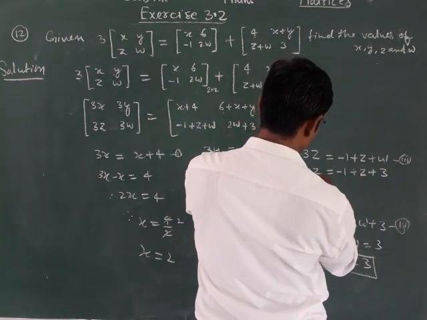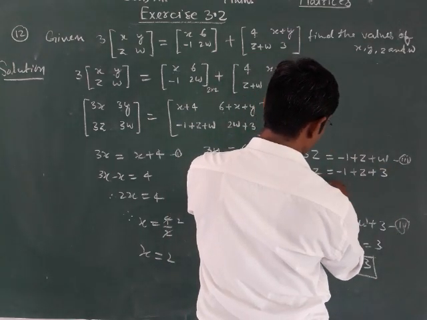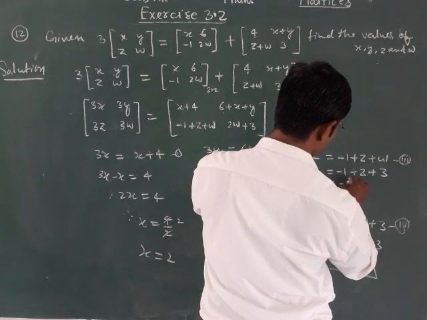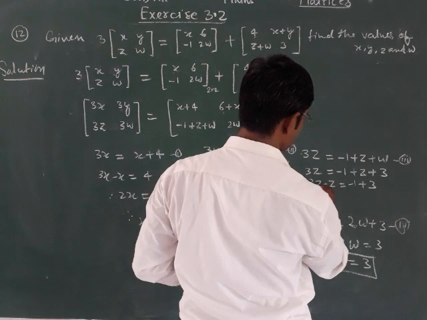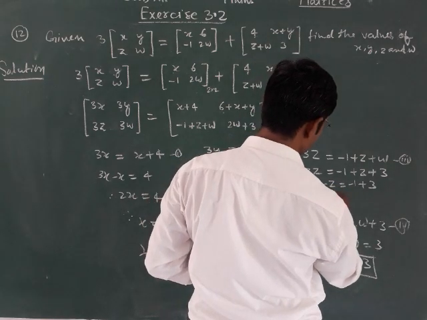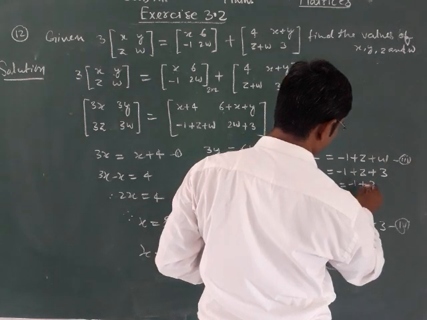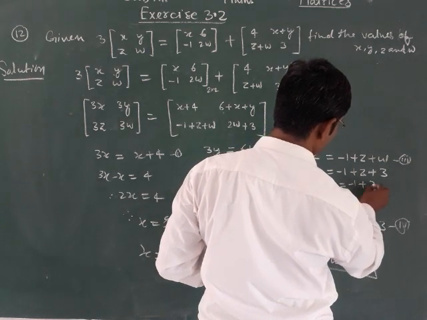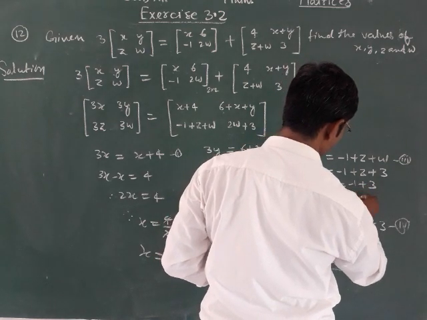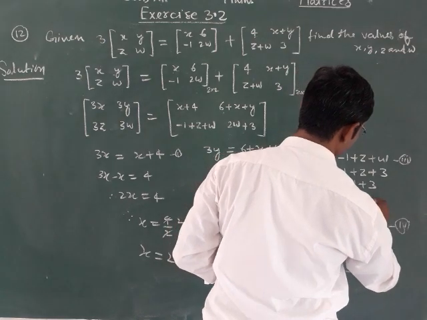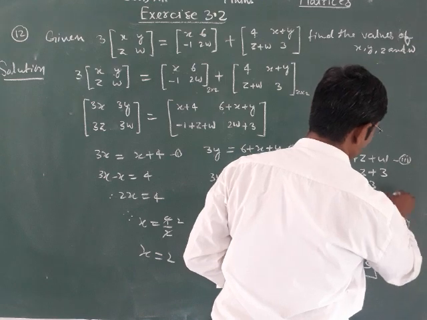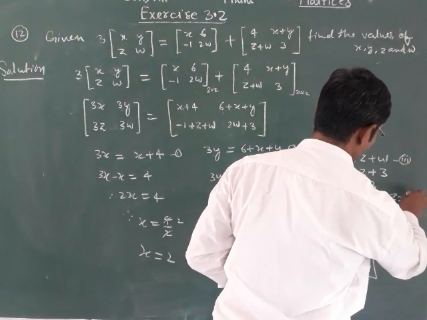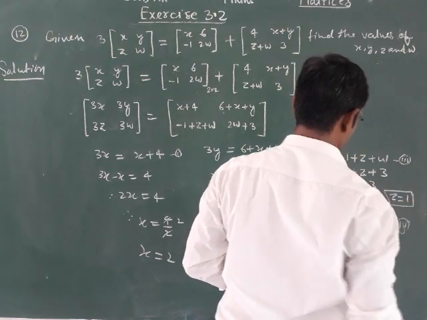So 3z minus z is equal to minus 1 plus 3. So 2z is equal to 2. So z is equal to 2 divided by 2, which is 1. So z is equal to 1.